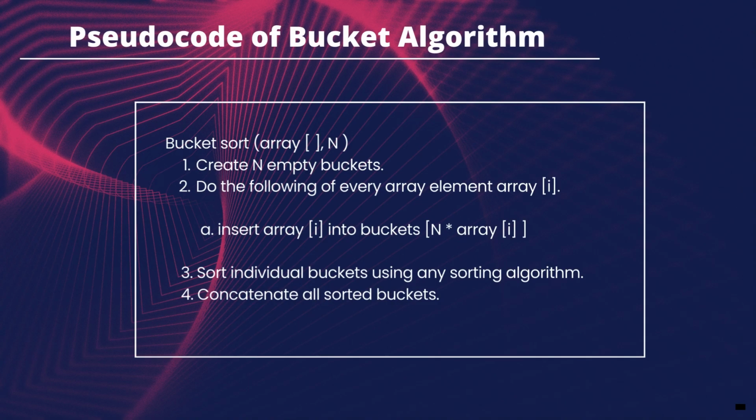Next, we will insert all the array elements into buckets by multiplying by the size of an array. We have to keep doing this for every array element as we understood in the working of the bucket sort algorithm. After that, we have to sort individual buckets using insertion sort, and finally, we will concatenate all the sorted buckets.